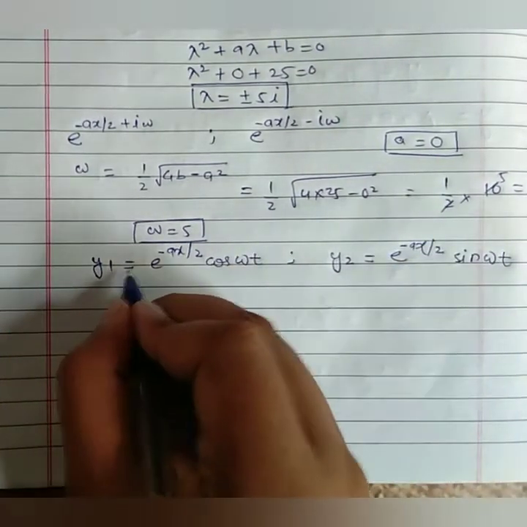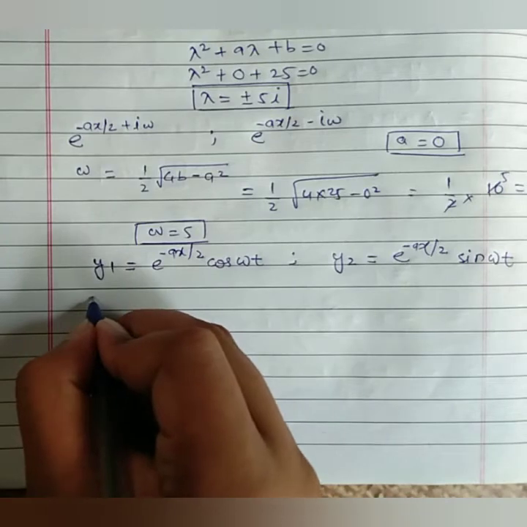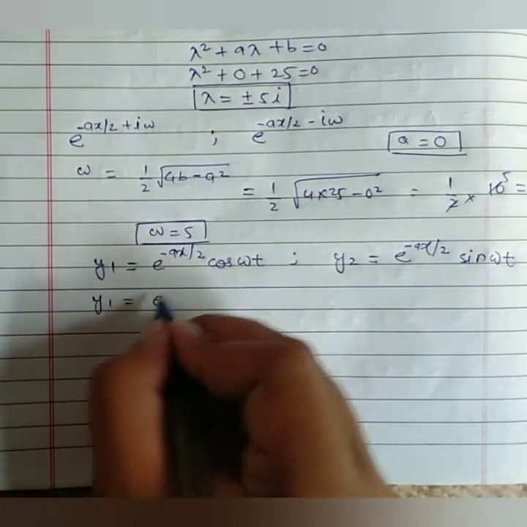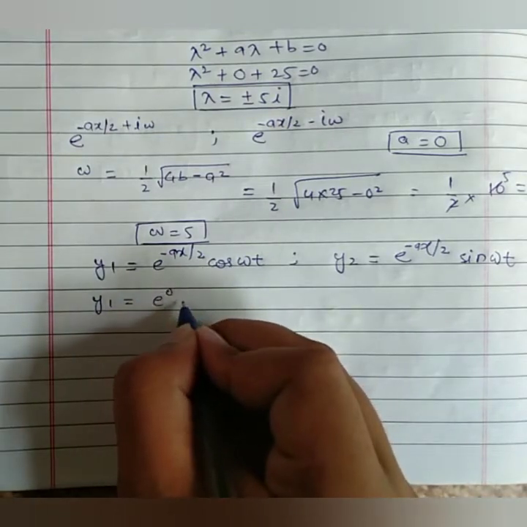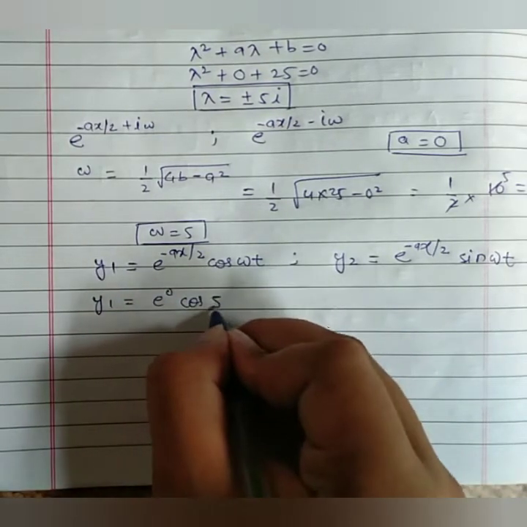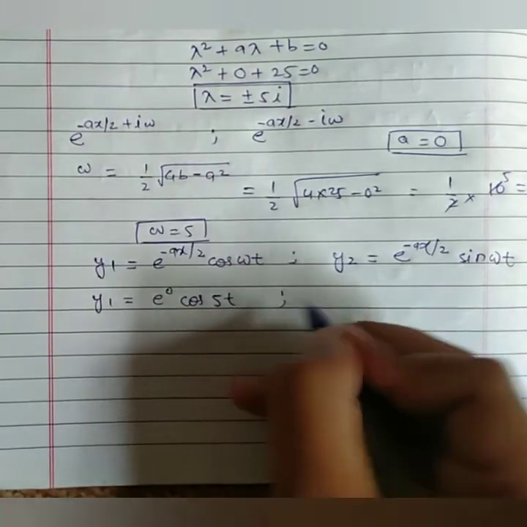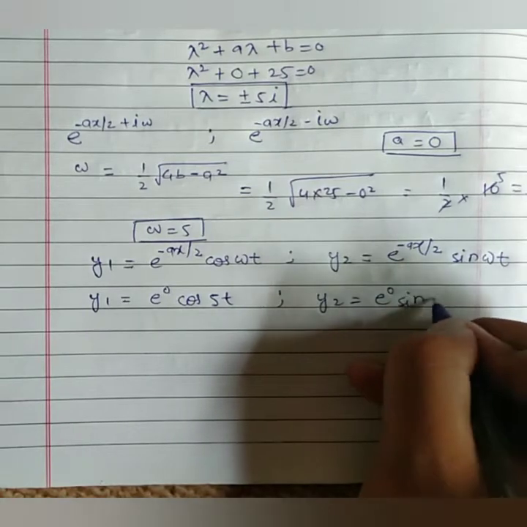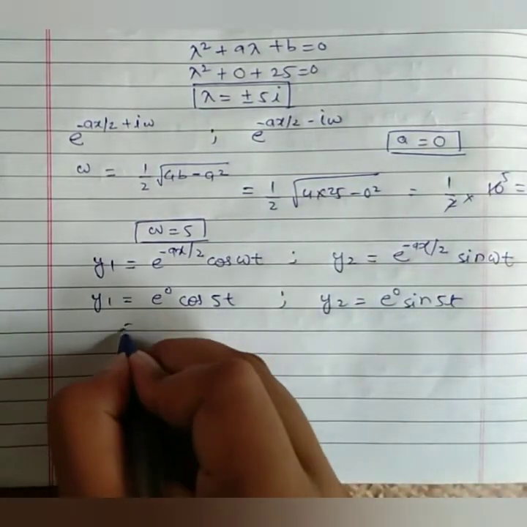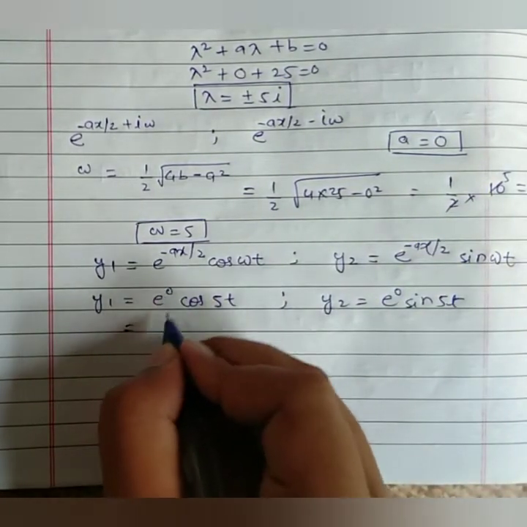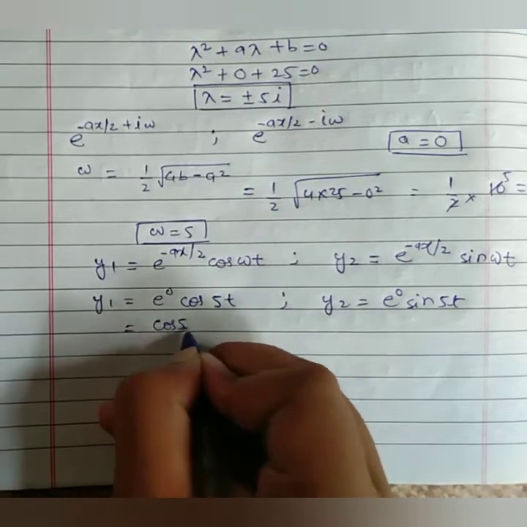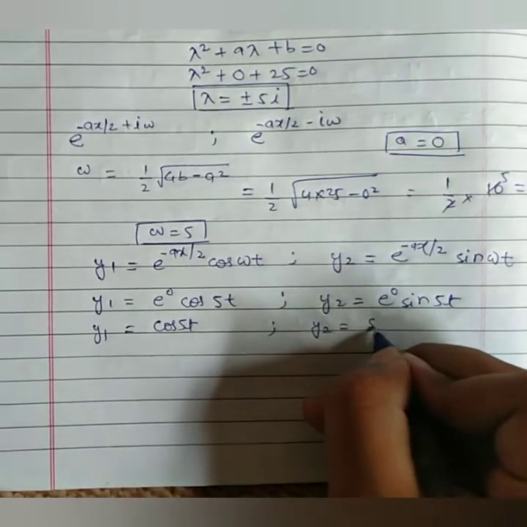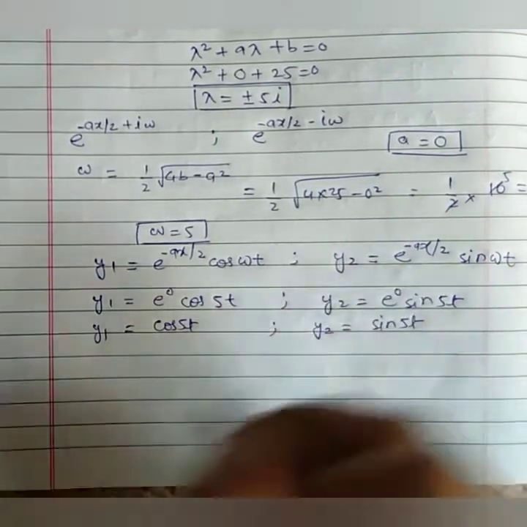When we put the values, since a is 0, y1 equals e power 0 cos 5t, and y2 is e power 0 sin 5t. E raised to the power 0 is 1, so y1 is cos 5t and y2 is sin 5t.